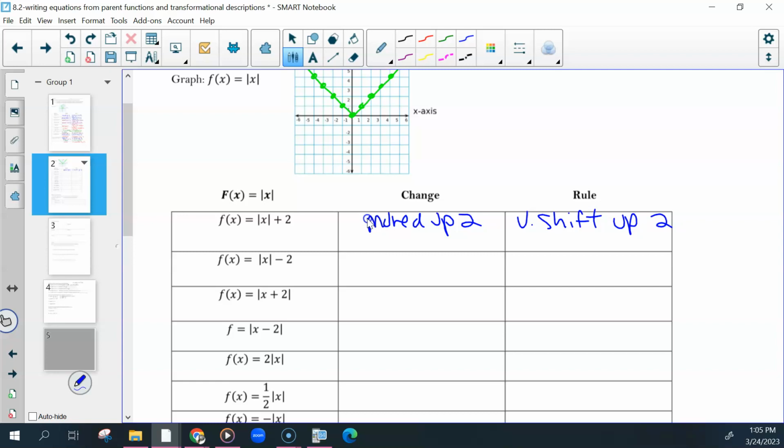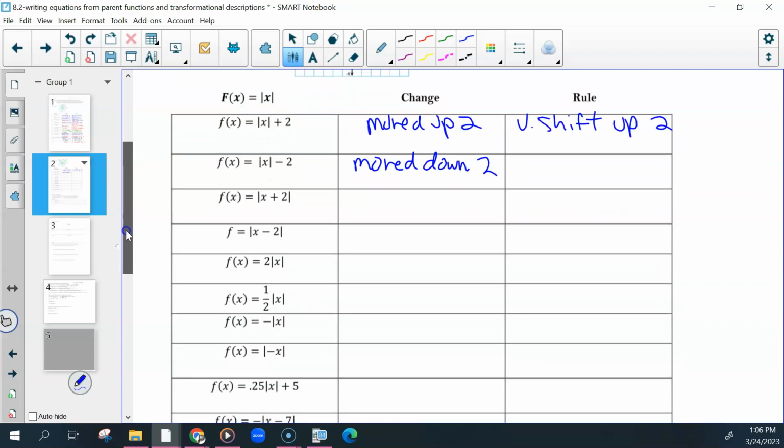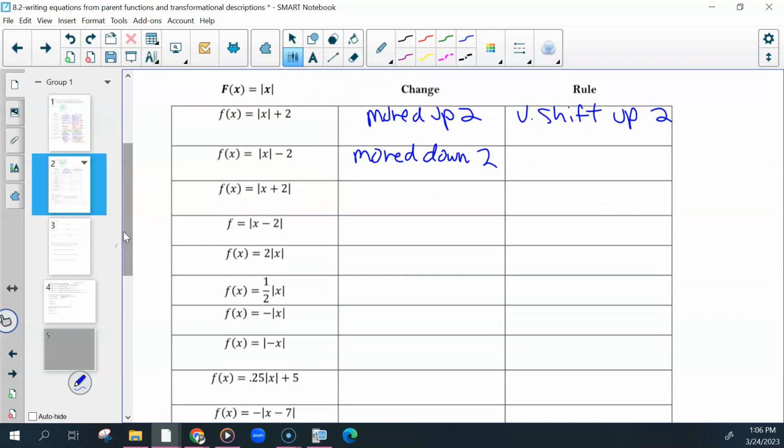So then for each of these, you can graph them if you want to see what it looks like. You can look at your previous notes. What would this next one be? Move down 2. And the rule would be? Down 2. So then your next one, you can either graph or look back at your notes to figure out what that one would do.